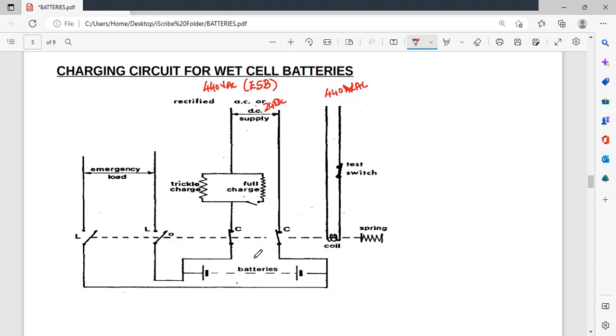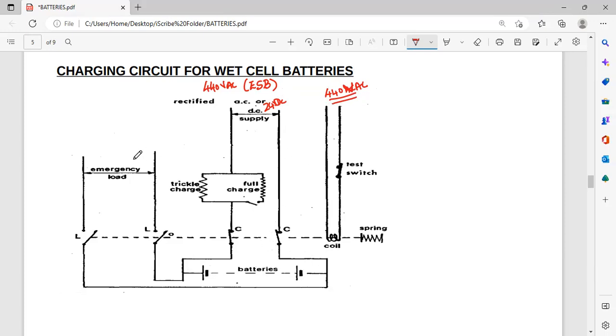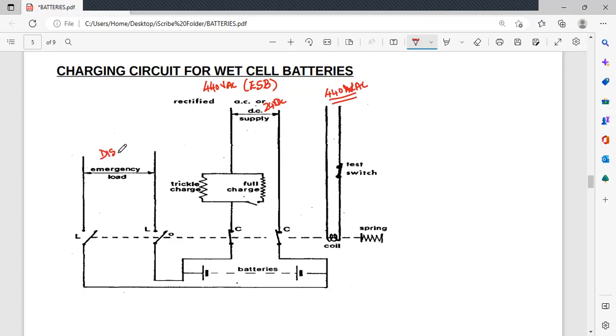So your batteries are being kept topped up at every single instant whilst your 440 volts is available. Now, what was the part of the question that was asked? How does it automatically switch over from your charging process to the discharging? Your emergency load is your discharging process.